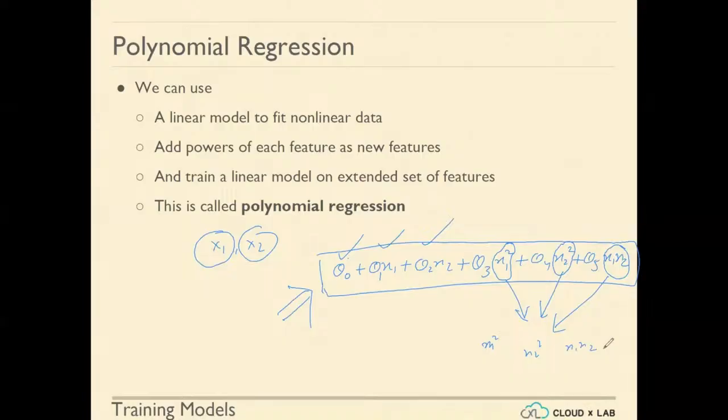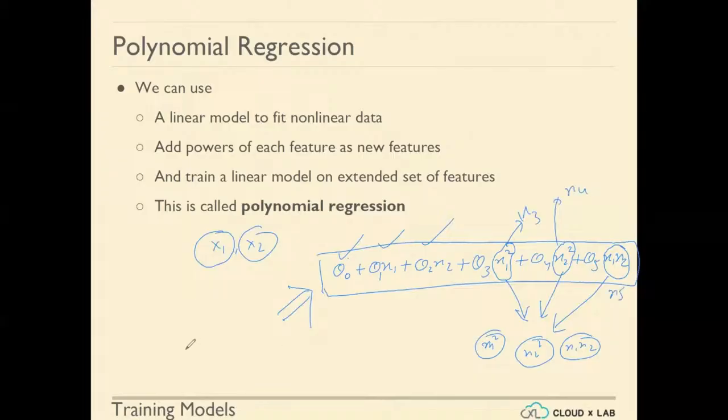So both approaches are the same. You will get the same answer, right? Because here also you are doing the same thing, right? So you are treating x1 square as a new feature, x2 square as a new feature, x1 x2 as a new feature, and you are thinking of them as, let's say, x3. x2 square you can think of as x4, x1 x2 you can think of as x5.